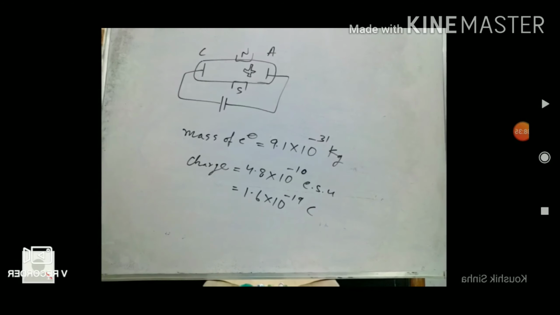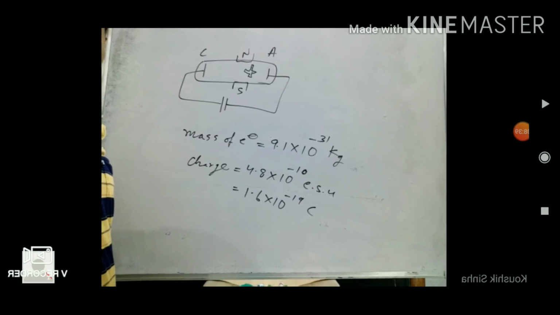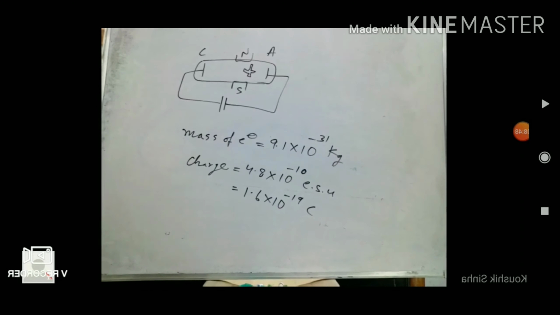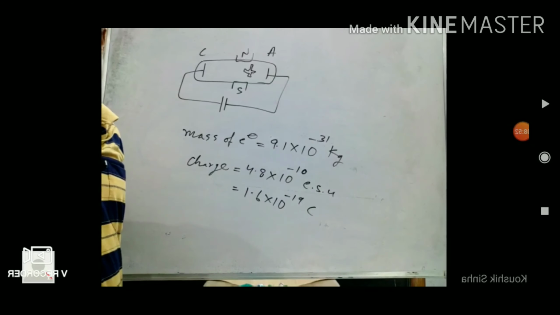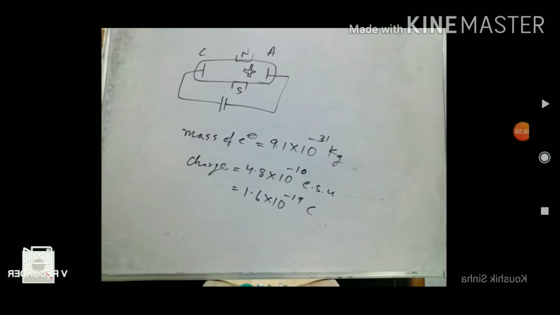Next thing we have to learn is the Rutherford atomic model. The Rutherford atomic model is based on the alpha particle scattering experiment. It involved the bombardment of a thin sheet of gold by alpha particles. These alpha particles were obtained in the form of a narrow beam by passing through a slit in a lead plate.